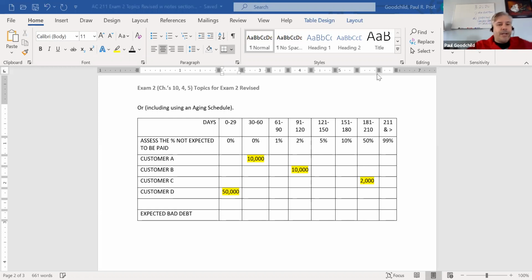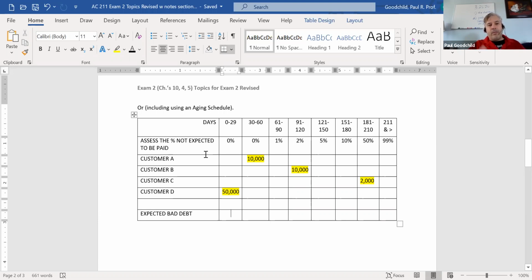So when they're using an aging schedule, typically what they'll do is they'll look at their receivables balance. I made something up that's kind of generic, but you can think about this for any type of business. Basically these were purchased within 29 days, within 30 to 60 days, within 91 to 120, and within 181 to 120.